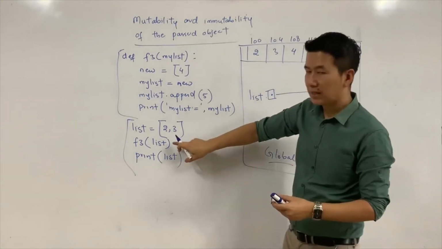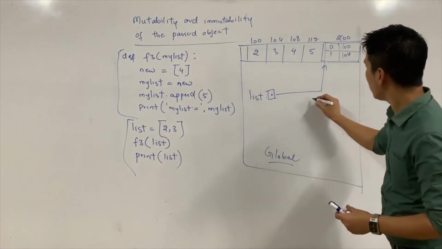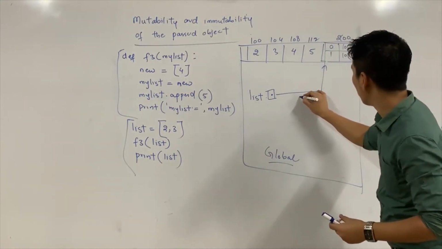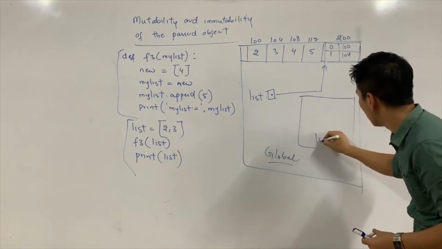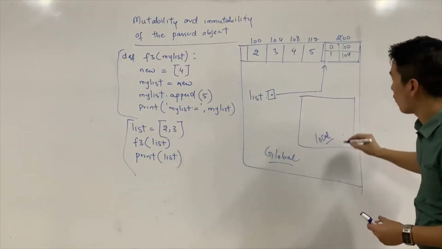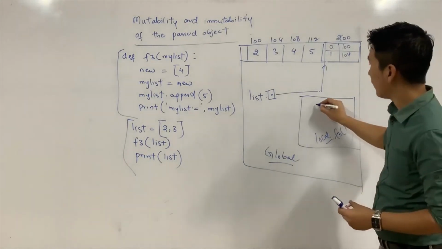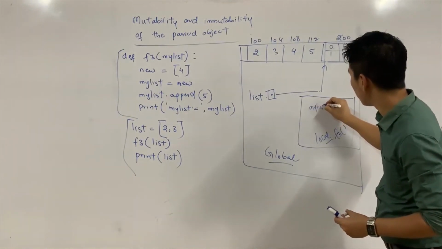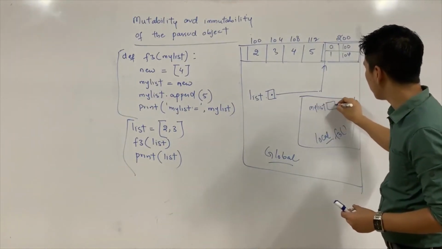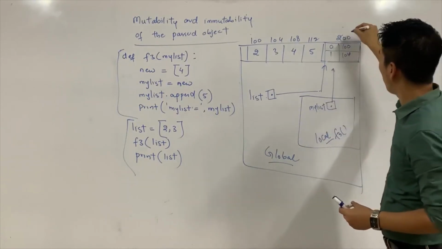And since this list is being passed on to my list in the local namespace, which is the local namespace for the f3 function, you have another name, my list. This my list will be pointing to the same address, 200.